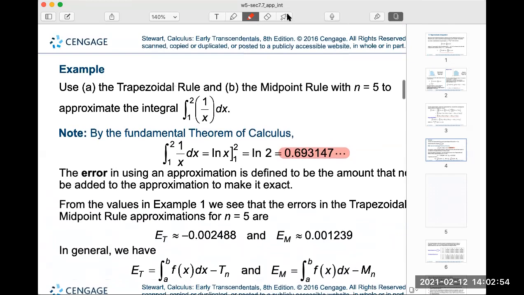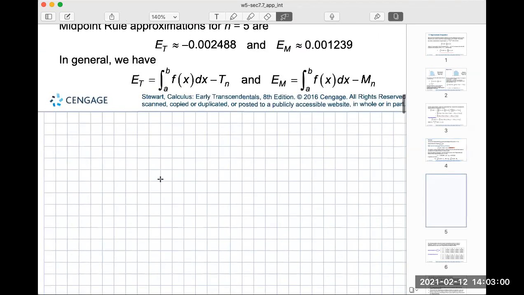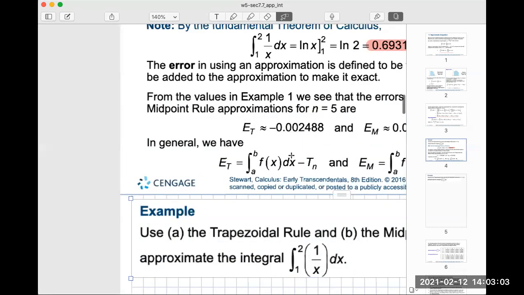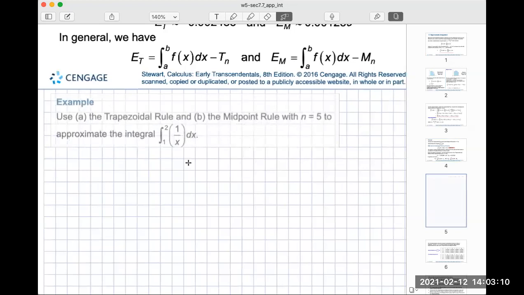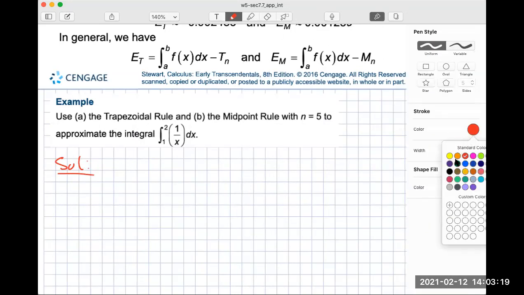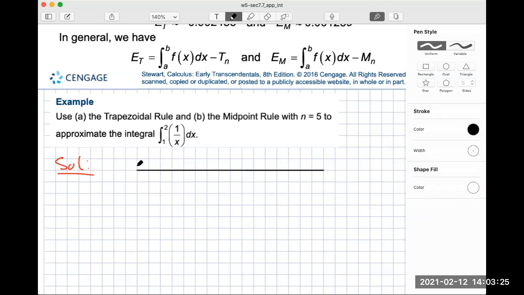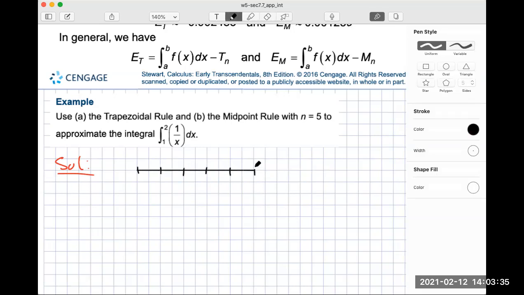Look at this. Suppose this is 1 and this is 2.